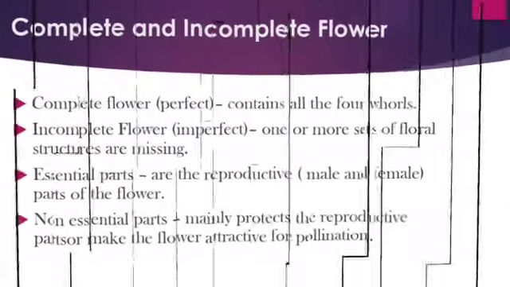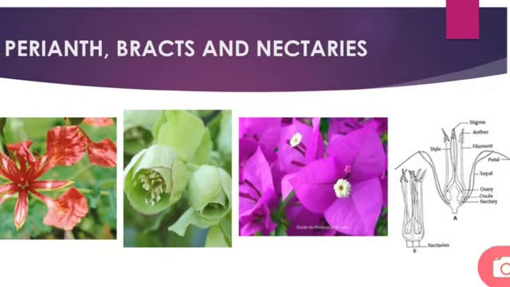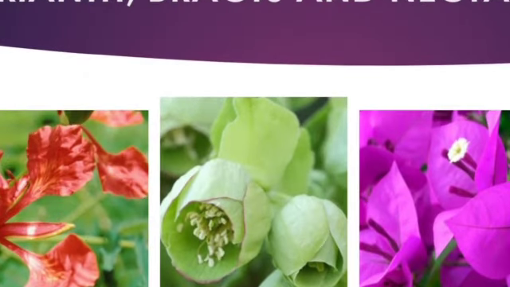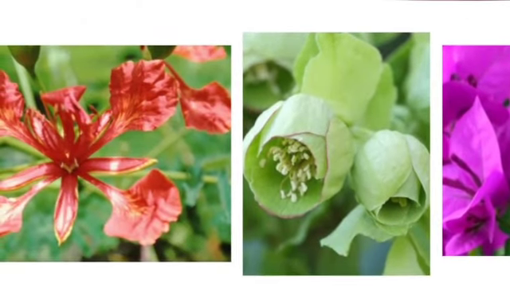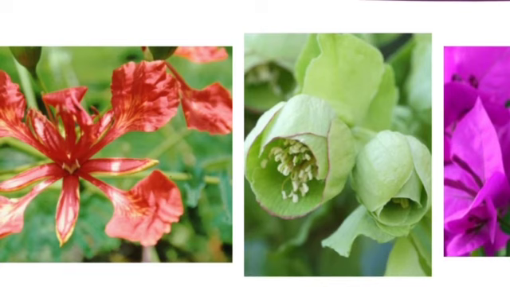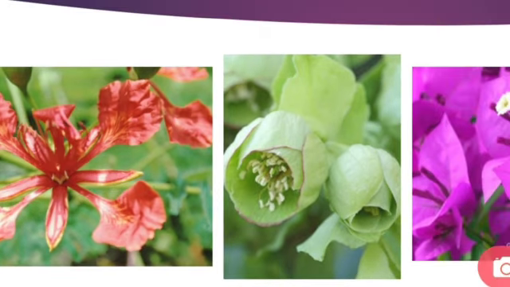In PERIANTH, we will see that there are two types of arrangement. In the first, this type of flower is well known to you, a gulmohar flower. If you can see, these are the sepals.